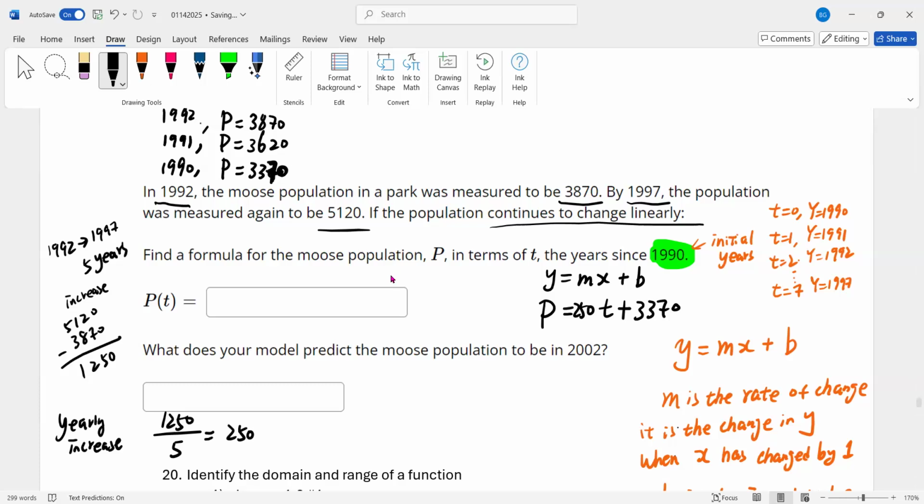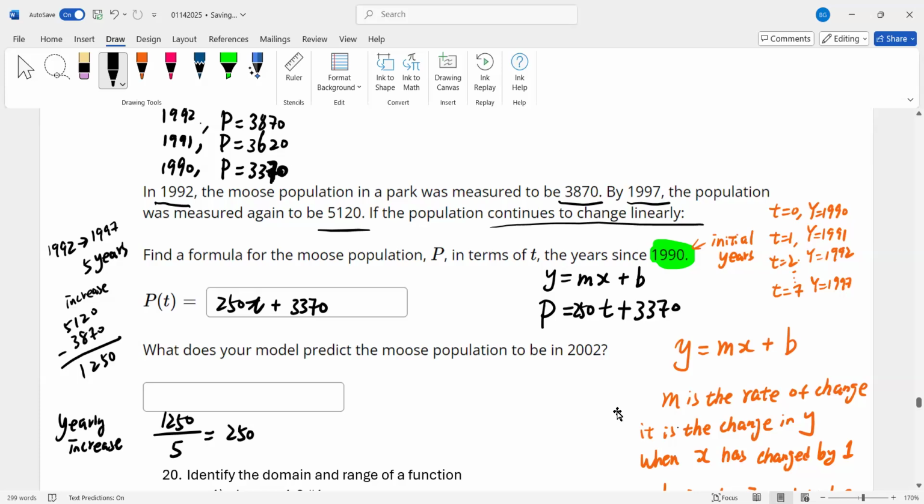Okay, we have our formula. The modeling formula is P of T equals 250T plus 3,370. All right, so 1990 is 3,370.